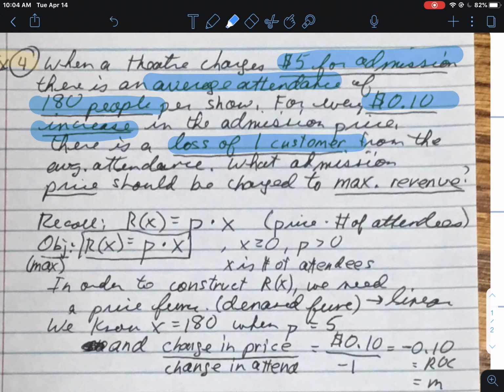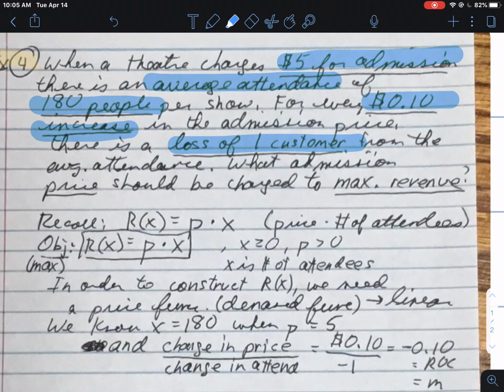So in other words, they determined that if they charge $5 per ticket, on the average they get 180 people per show. But if they increase the price by 10 cents, so let's say we charge $5.10 a ticket, then they would expect a loss of 1 customer on that average.